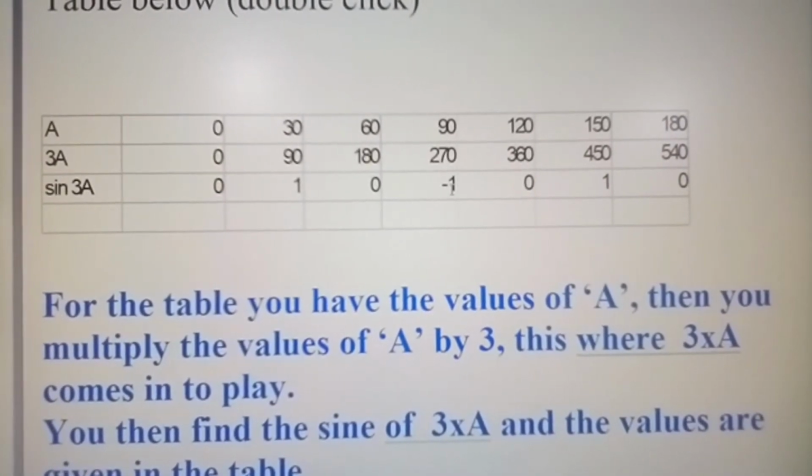For the table you have the values of A, then you multiply the value of A by 3. This is where 3 times A comes into play. You then find the sine of 3 times A, and the values are given in the table.